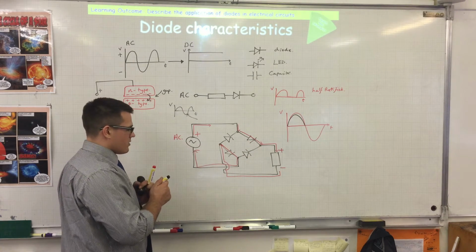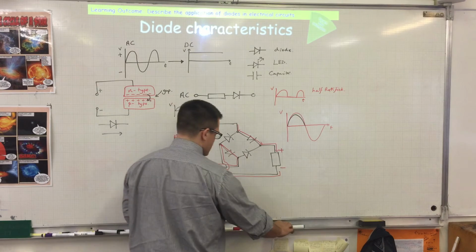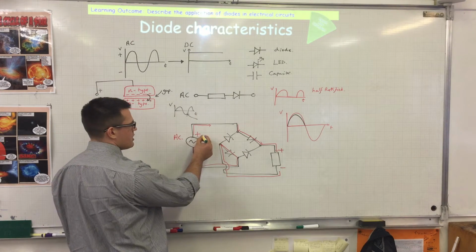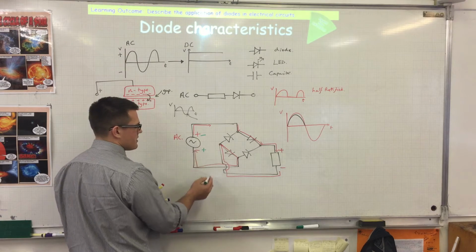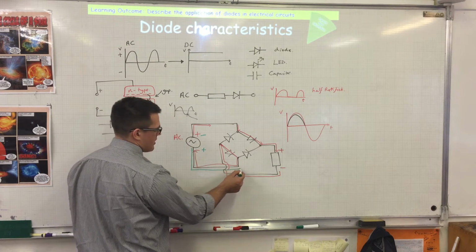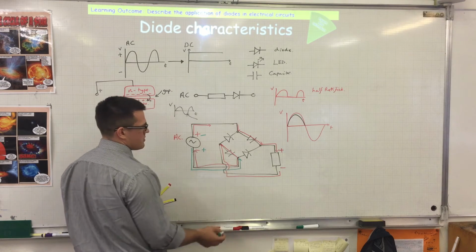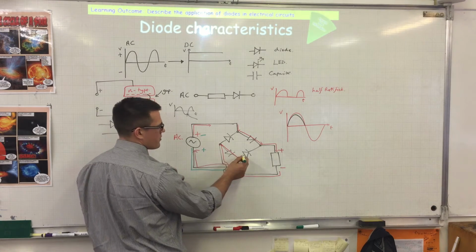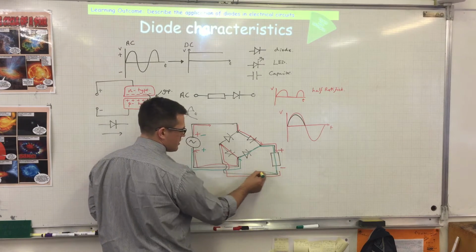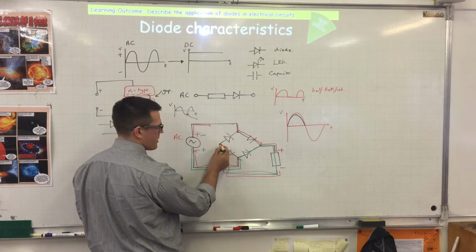Now, the way that the rectifier circuit works is that when we do the negative half of this cycle, so I now make this negative and this positive, the current now will go this direction around the circuit and will come in at this point. It can't go back through there, so it will go through this diode, through the resistor, round, and come back to this point.